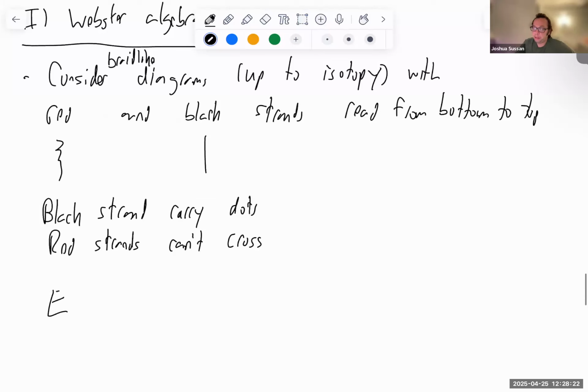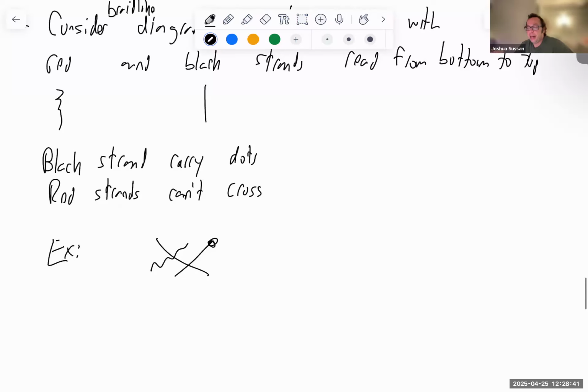Okay, so an example of such a diagram might look something like this. That's a red strand, that's a black strand, that's a black strand. Black strands are allowed to cross, and I'll put a dot over here. And you then look at the span of all such diagrams, and this could be made into an algebra where multiplication is given by concatenation.